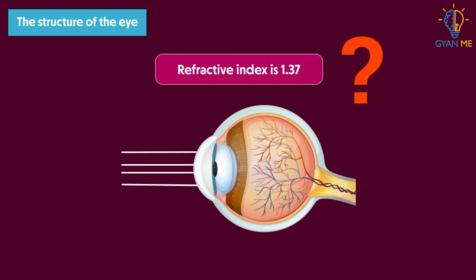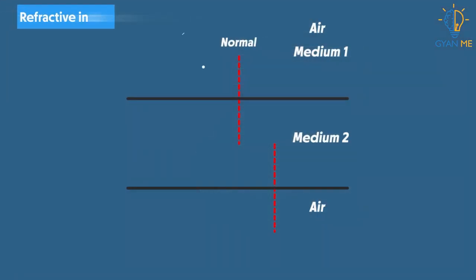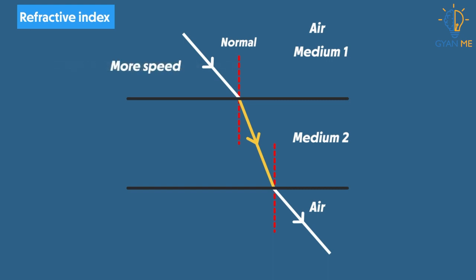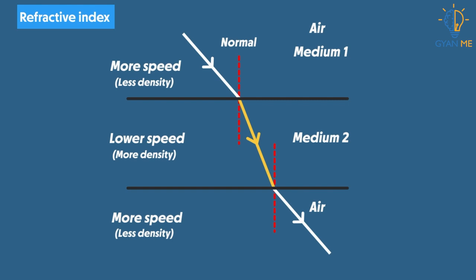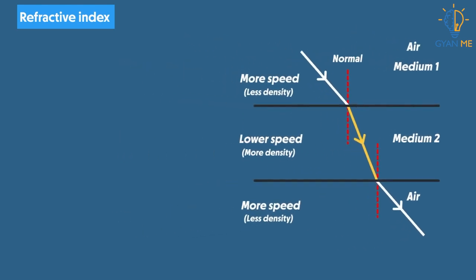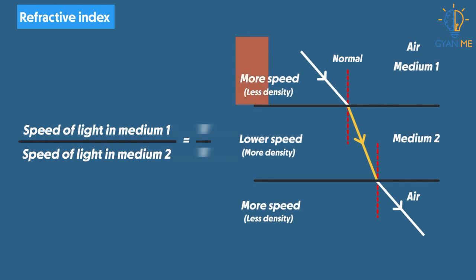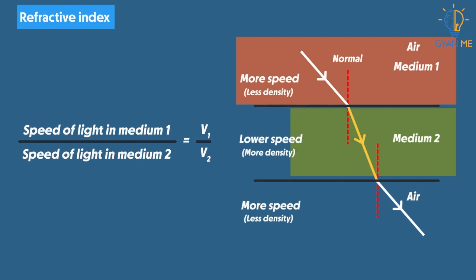Hold on, what is refractive index? We know that light bends when it travels from one medium to another. This is because the speed changes when it enters another medium. And the speed changes due to the density of the medium. Thus, the refractive index is a value calculated from the ratio of the speed of light in a vacuum to that in a second medium of greater density.